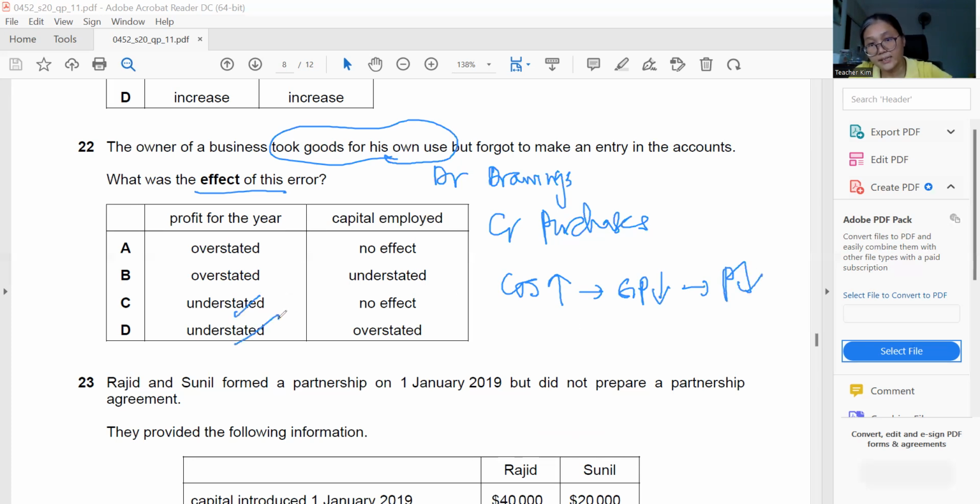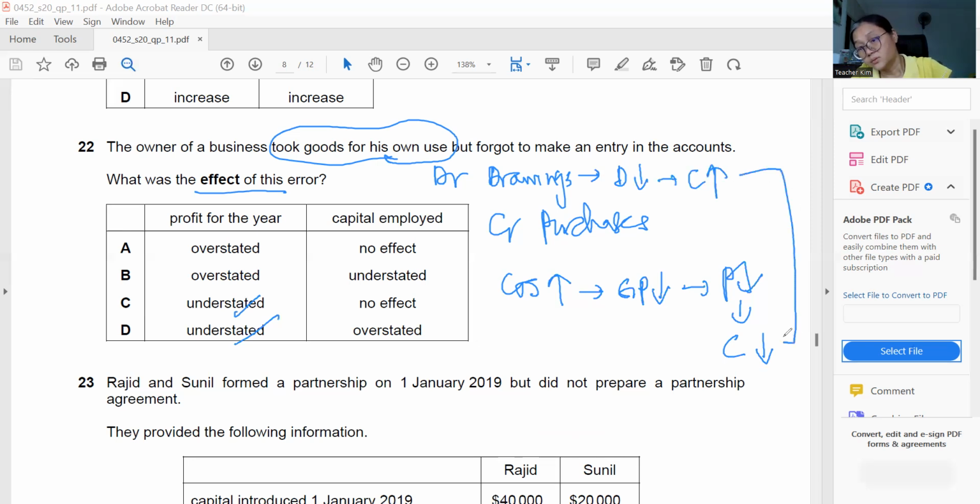So understated, understated. Now come to the capital employed. Take notes. Profit understated, capital will be understated. But when drawing is omitted from the record, drawing is understated, capital will be overstated.